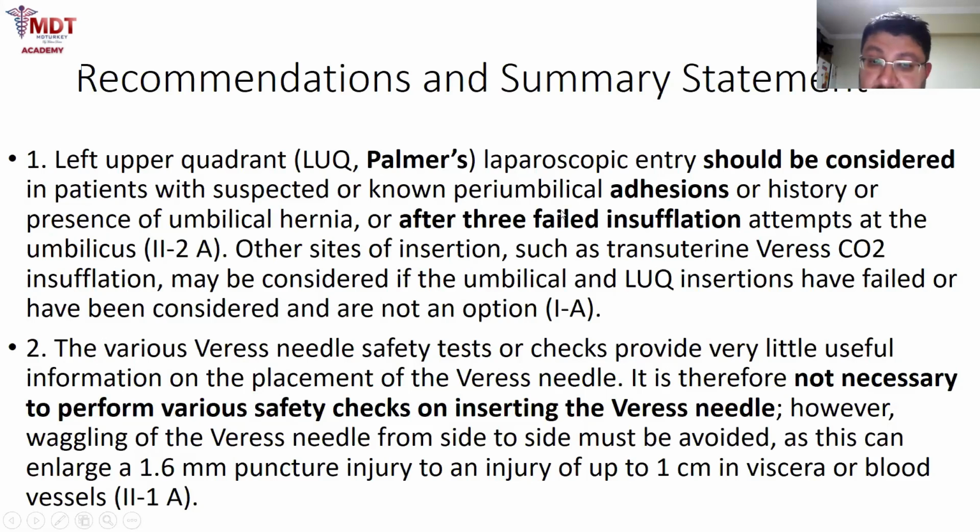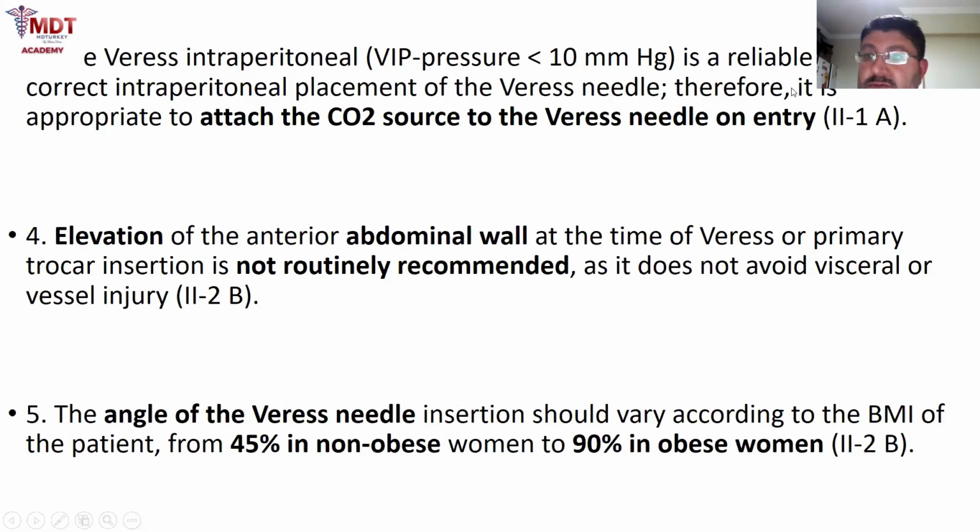But they advise you not to waggle the Veress needle from side to side because you can increase the injury size by this. They also recommend that when you create the pneumoperitoneum, an intra-abdominal pressure less than 10 millimeters mercury is a reliable indicator that you are in the abdomen.